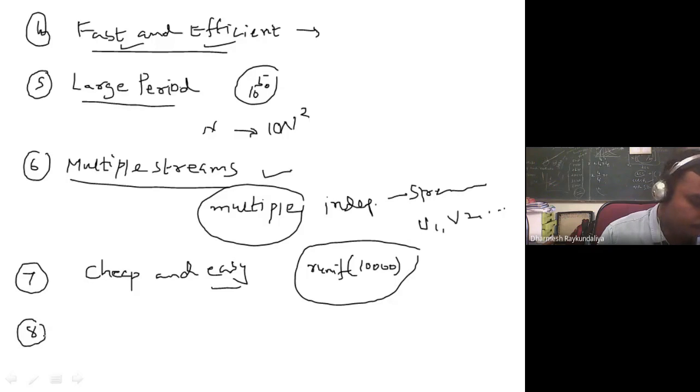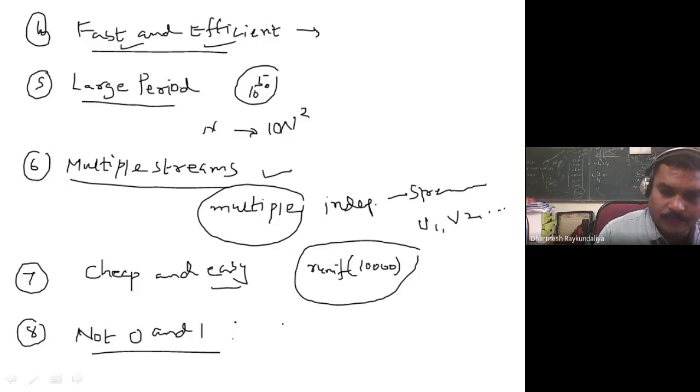Eighth, whatever random number generator you have, it should not produce 0 and 1. Why? If it produces 0, what happens? 1 by 0 is mathematically not tractable. And if you are using 1, somewhere it becomes complex.